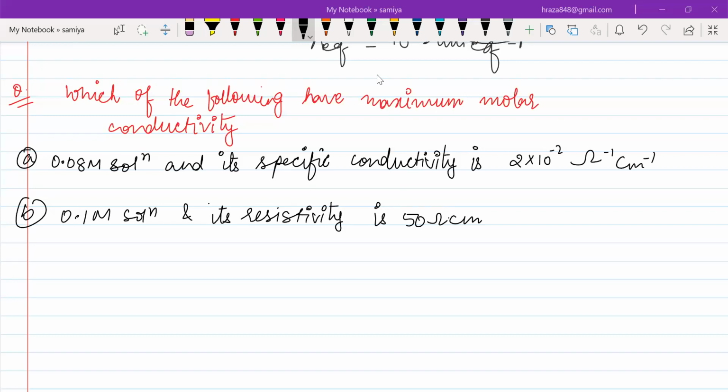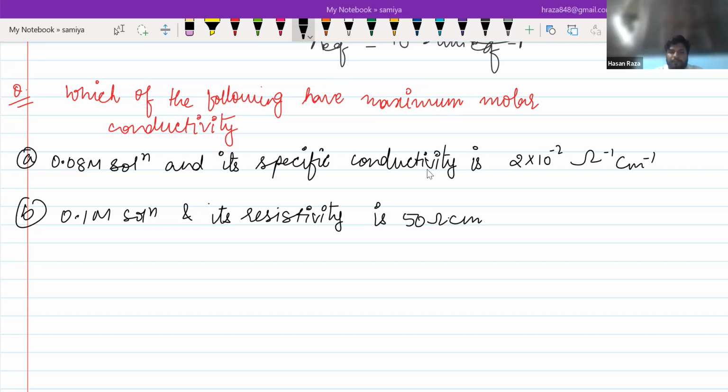Can you do it? No, sir. Okay, listen. We need to compare molar conductivity.